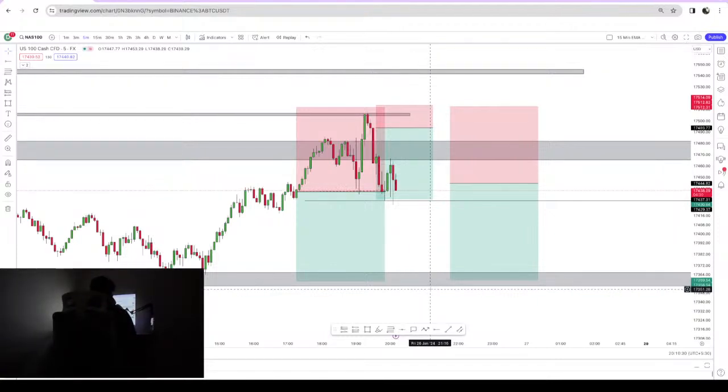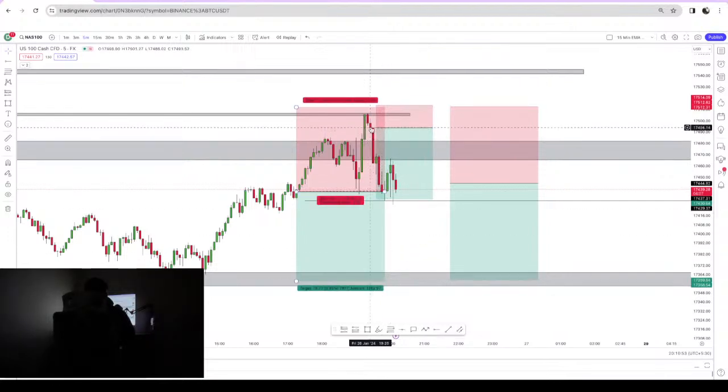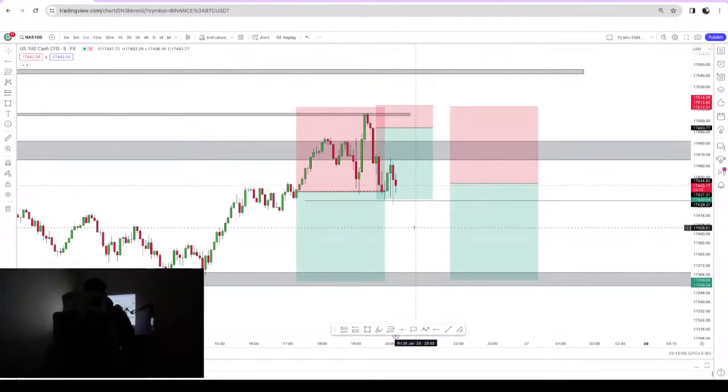Now what I'll be doing is I'll shift the first position, the main position, to cost, such that it is now at zero risk. In fact, I'll shift all the positions to the first entry price here. All the stop losses, okay? Then our risk will be well in cap.